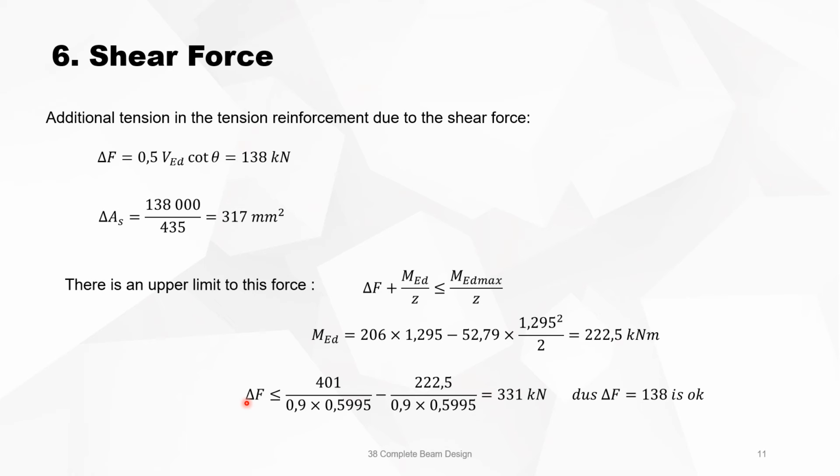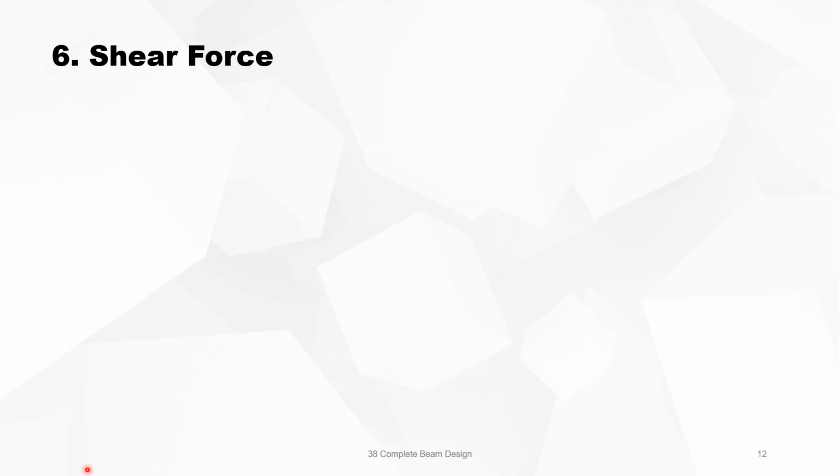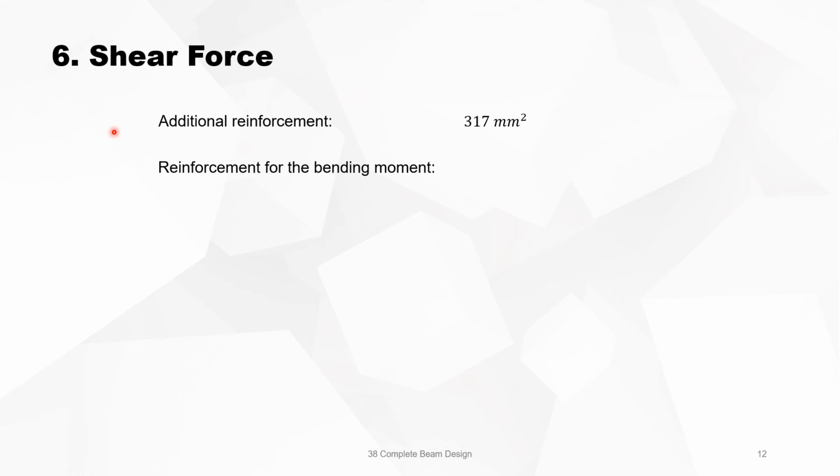It means that delta F is then MEd,max divided by Z minus MEd divided by Z, which gives you 331 kilonewton. So delta F, 138 kilonewton, is okay because the maximum is 331. Additional reinforcement is then 317 square millimeters.